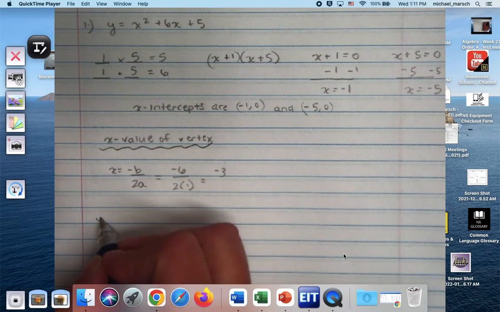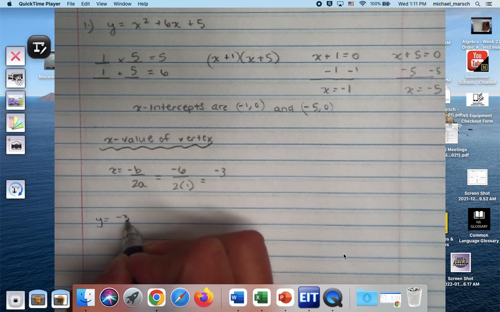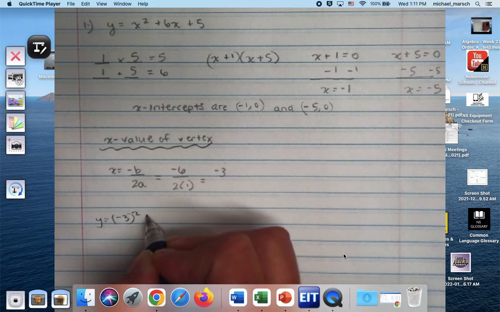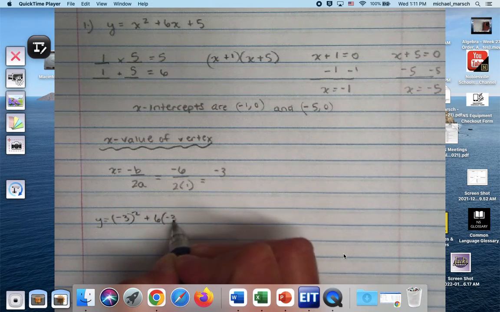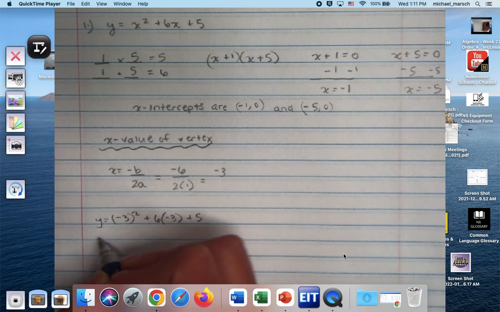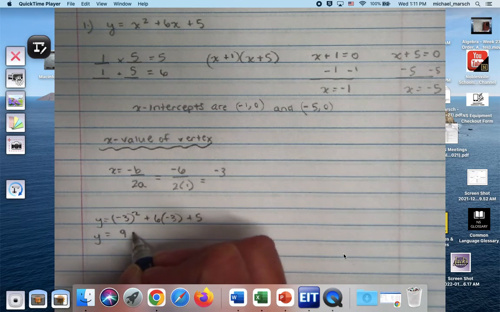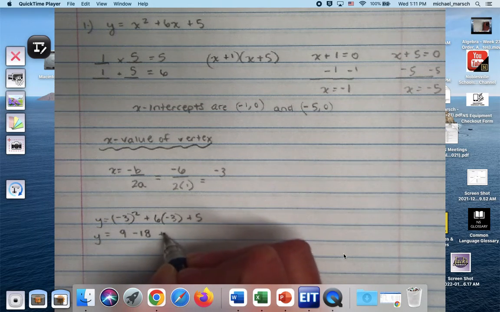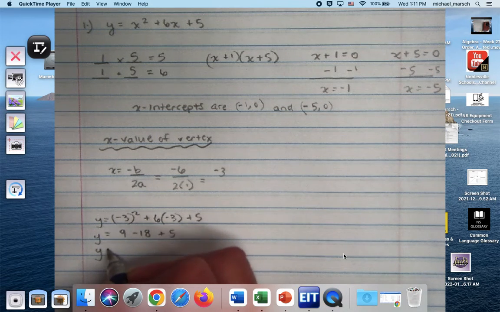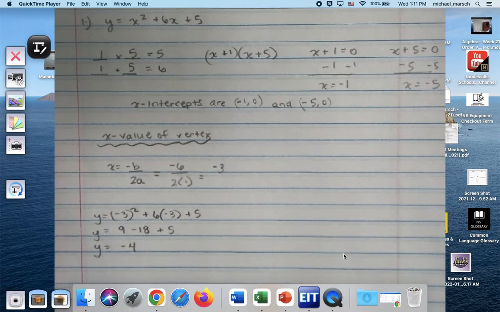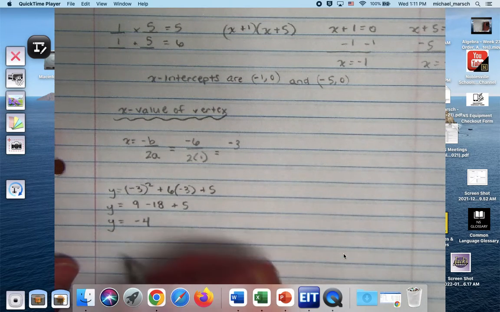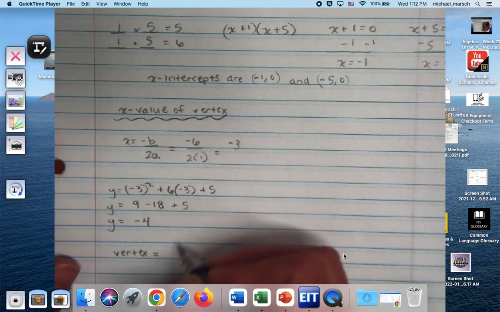So I'm going to have y equals (-3) squared plus 6 times -3 plus 5. y equals 9 minus 18 plus 5. y equals -4. So my vertex equals (-3, -4).